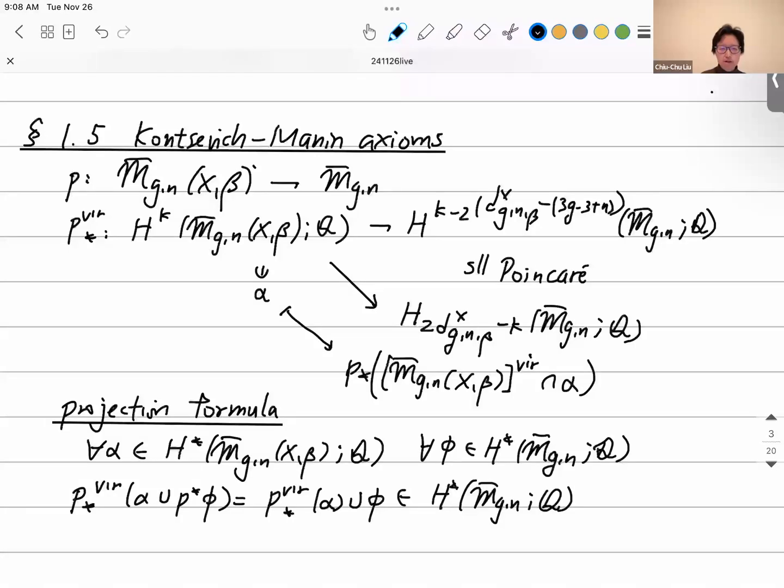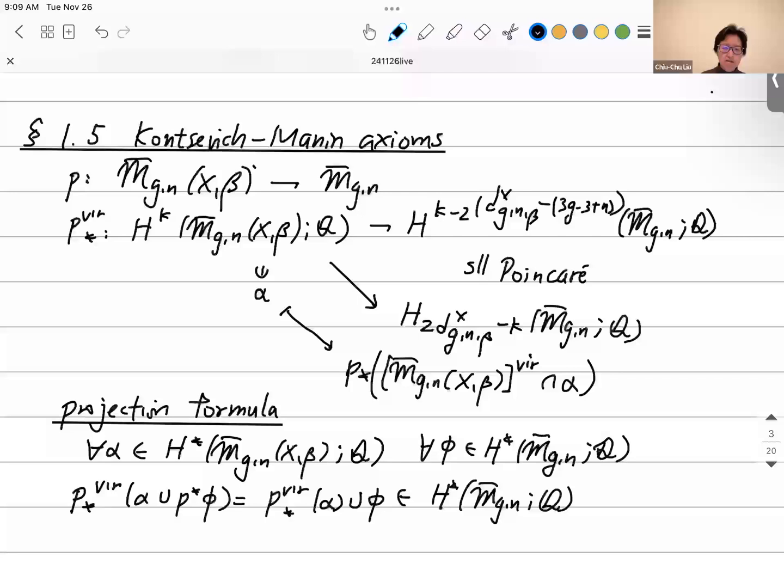This virtual fundamental class gives us a virtual pushforward, which decreases the dimension by the relative dimension. P is not actually a smooth fibration, but suppose that it is a smooth fibration, the expected dimension of the fiber is the virtual dimension of M-bar g,n,X minus the actual dimension 3g minus 3 plus n.